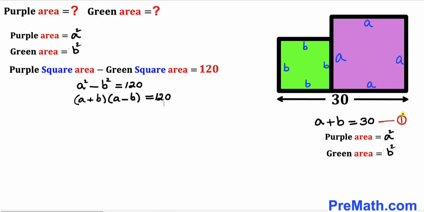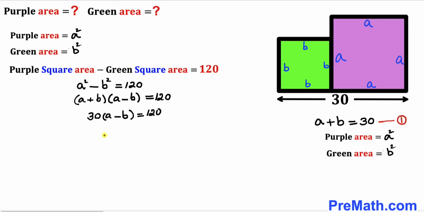Now let's focus on equation 1. We know the a plus b value is 30. So I'm going to substitute that a plus b value, 30, over here. This equation becomes 30 times a minus b equals 120.